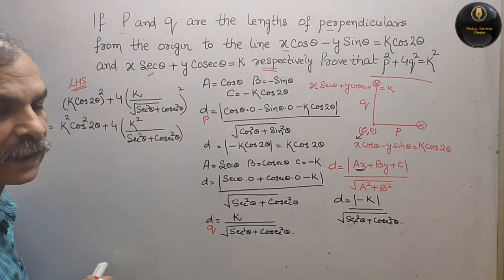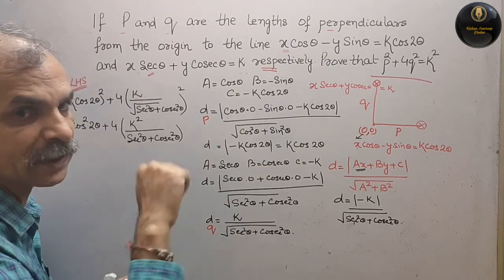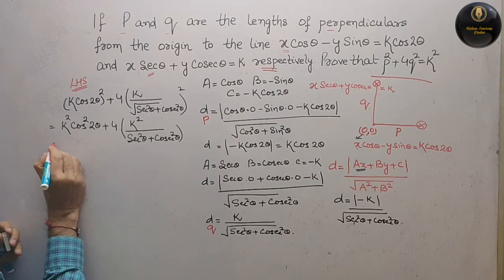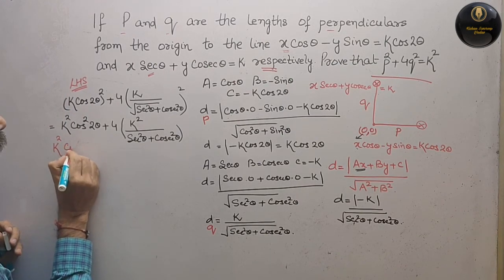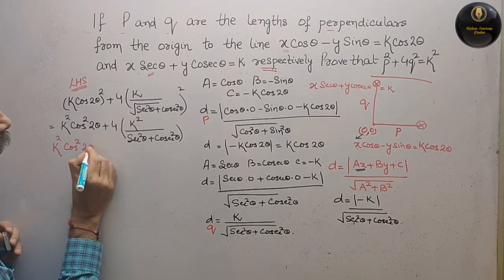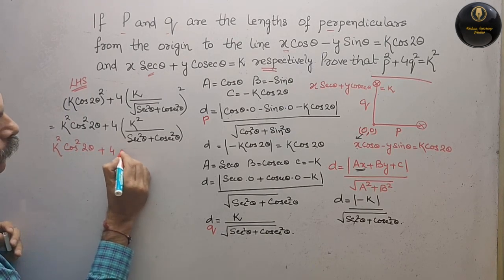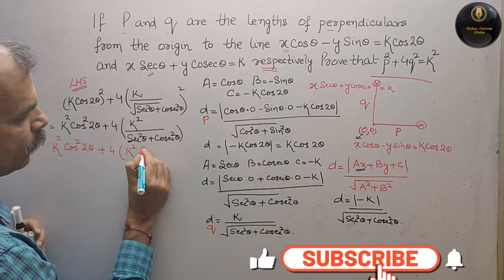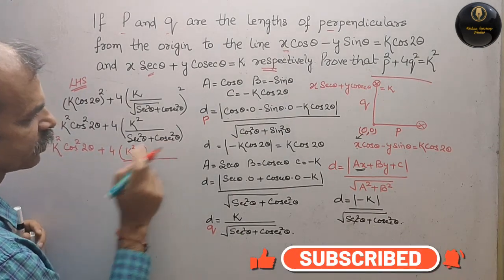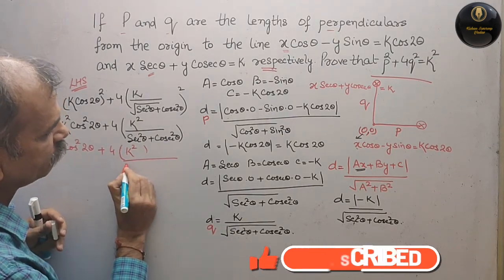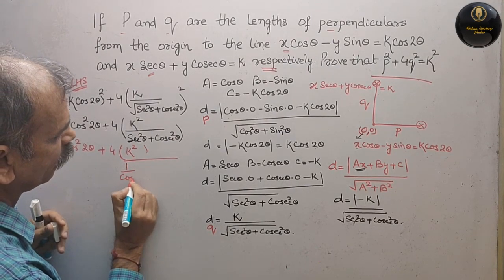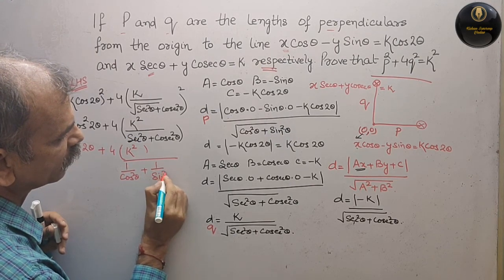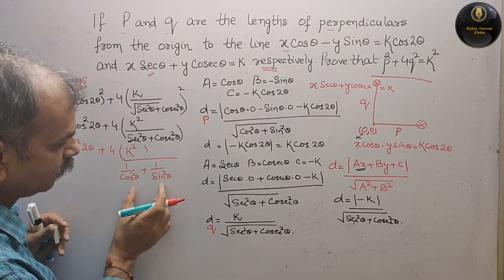Now convert sec to 1 by cos and cosec to 1 by sin. We will get k square cos square 2 theta plus 4 into k square by 1 by cos square theta plus 1 by sin square theta. Take the LCM.